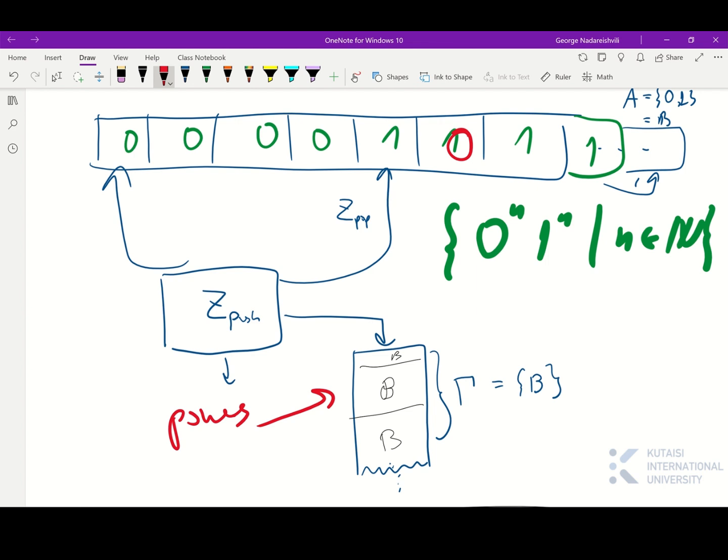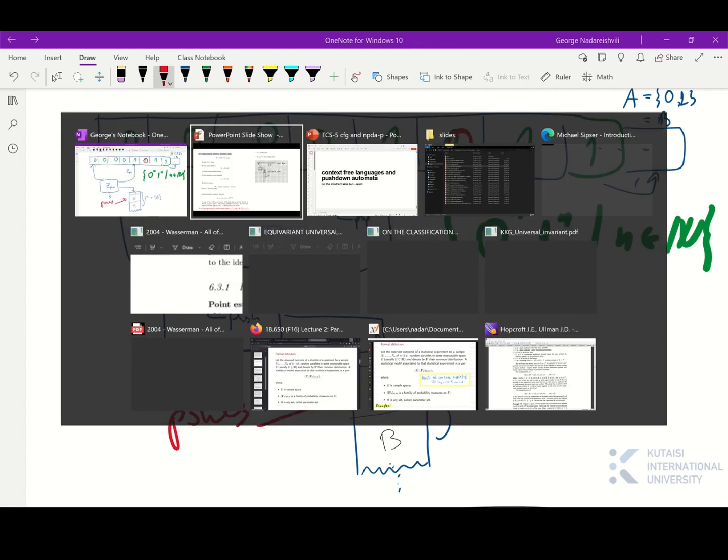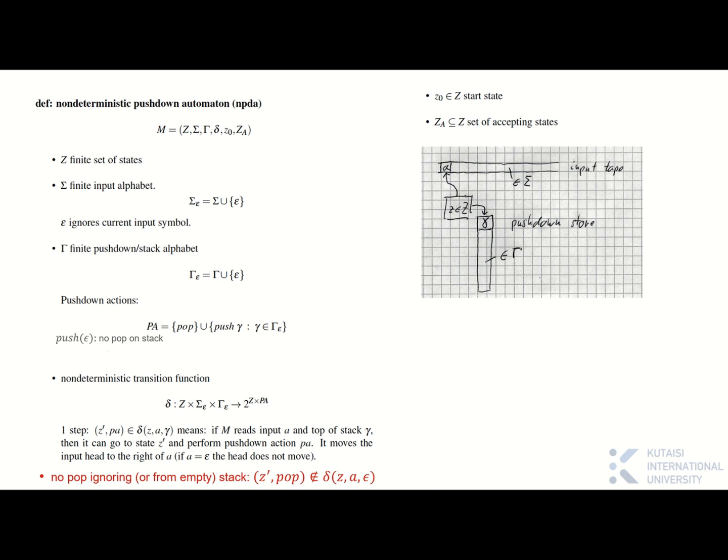But okay, now that we know that this thing is more powerful because it has the stack, let's actually define what this thing is. And remember that this thing is non-deterministic, so it will do weird things. States are many states.